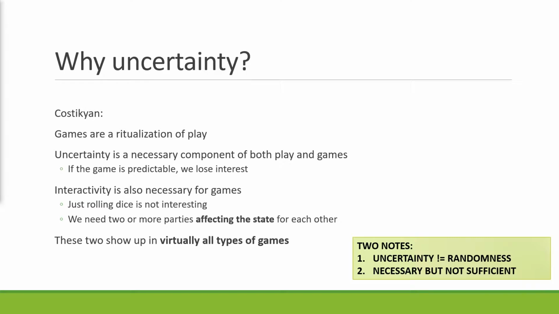He considers games as occupying the kind of middle level between full predictability and full unpredictability, in the sense that activity which is fully predictable is not going to hold our interest because there's nothing interesting about it. But an activity that's fully chaotic and fully unpredictable is also going to be not interesting because we can't affect any change in that world if it's truly chaotic.